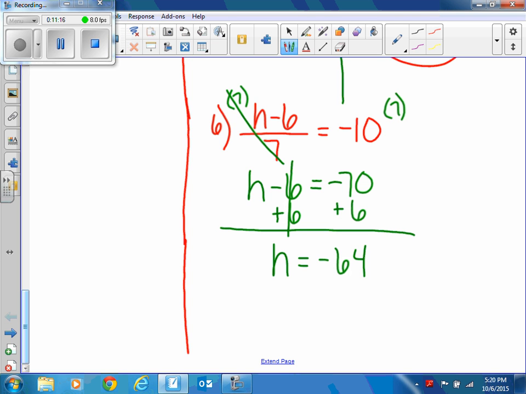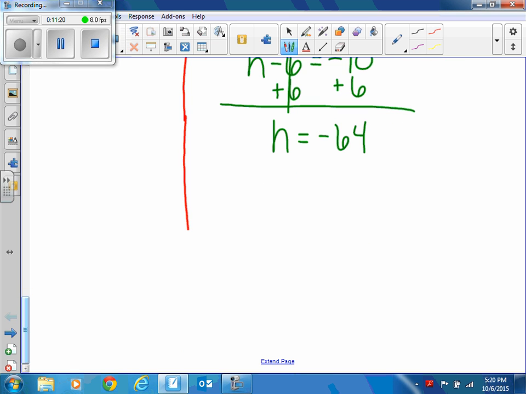All right, our last example is going to add just a different twist to the same thing. So let's say that we have where we have to translate, then solve.